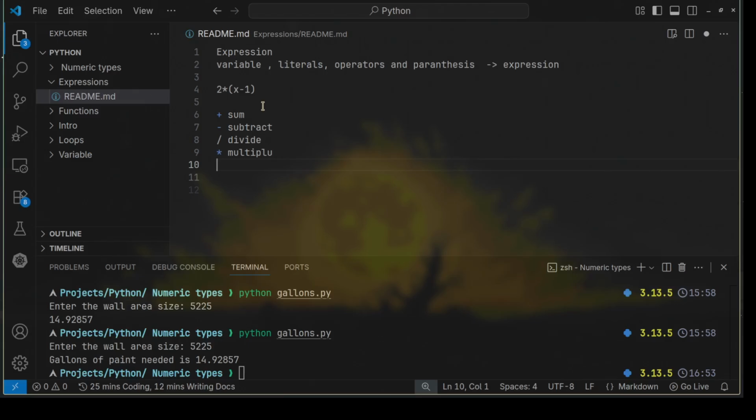Then we have 2 stars, which is the exponent. We say exponential.